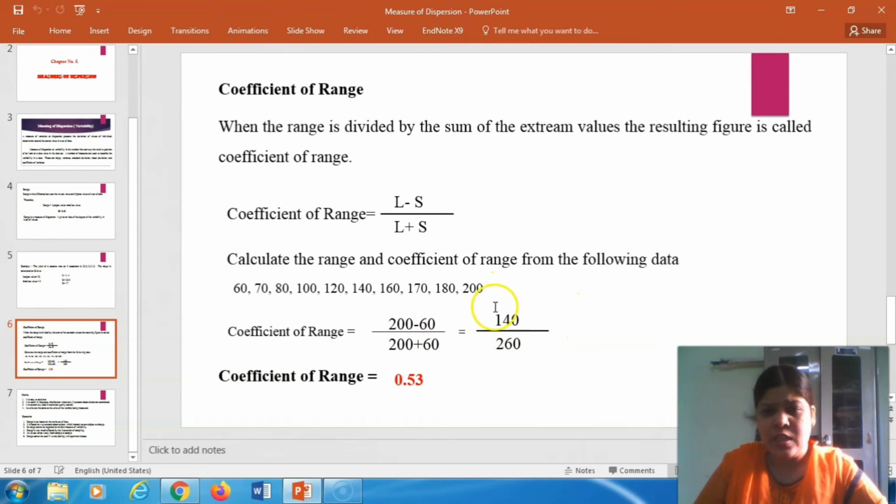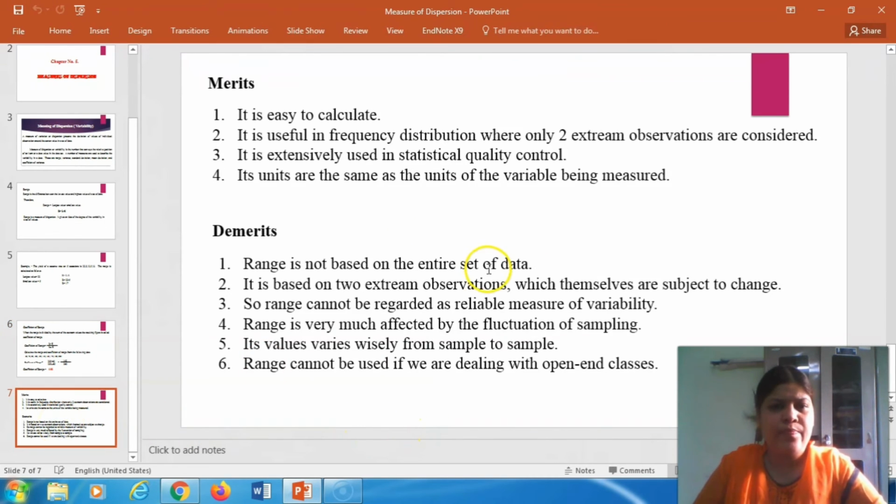So what is meant by 140? 140 is the range, and this range is again divided by L plus S. So we will get the coefficient of range. Is that so simple? Although range is easy to understand and easy to calculate, it is not reliable. This is one of the most important demerits.